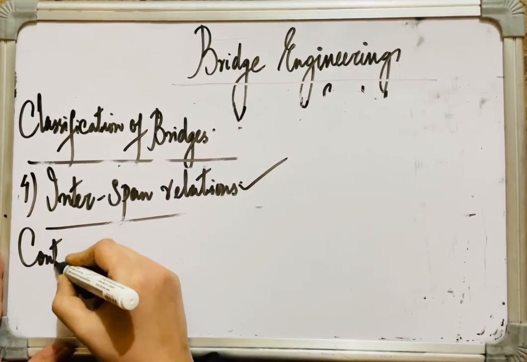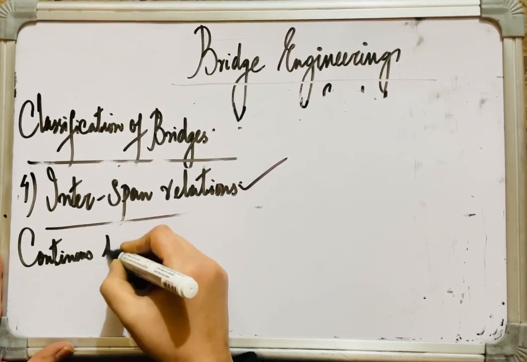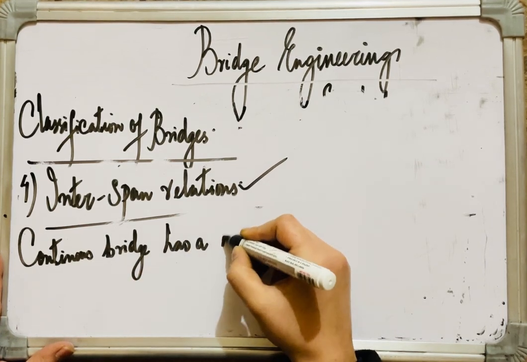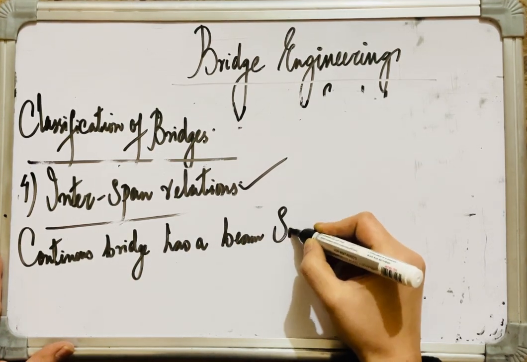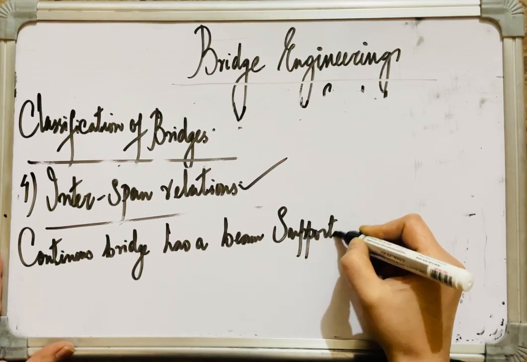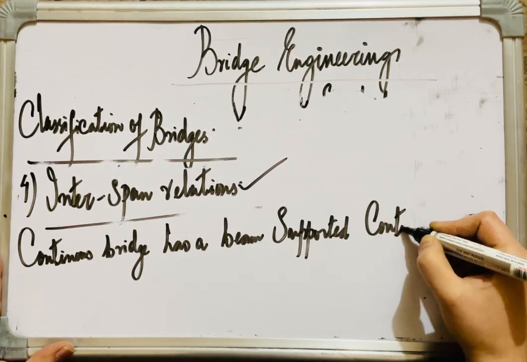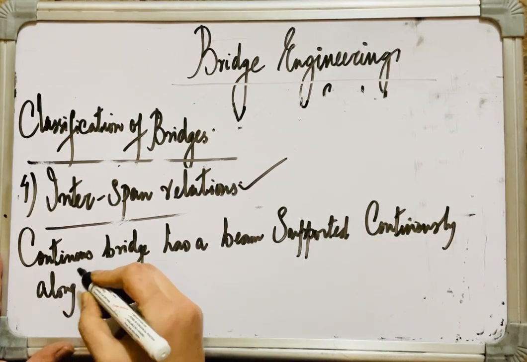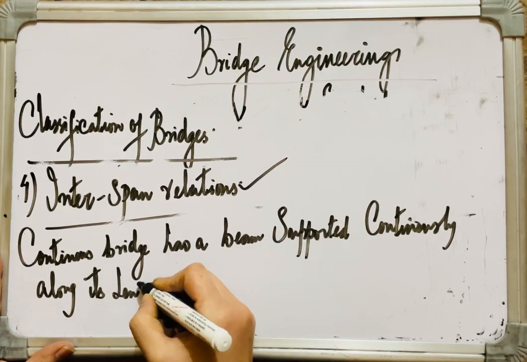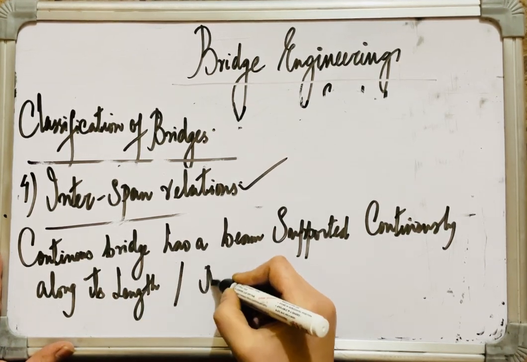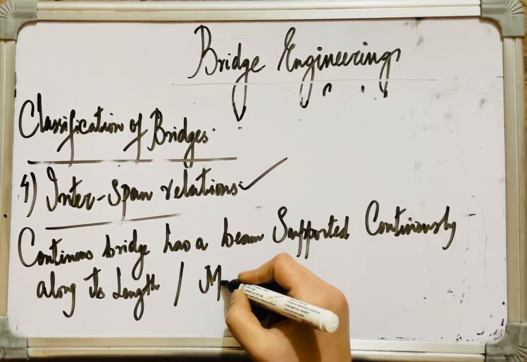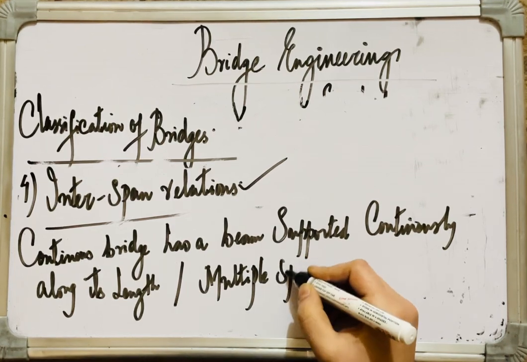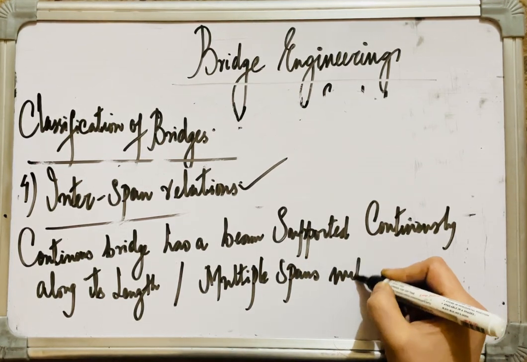Continuous bridge has a beam supported continuously along its length, or we may say that multiple spans with continuous support along the bridge.